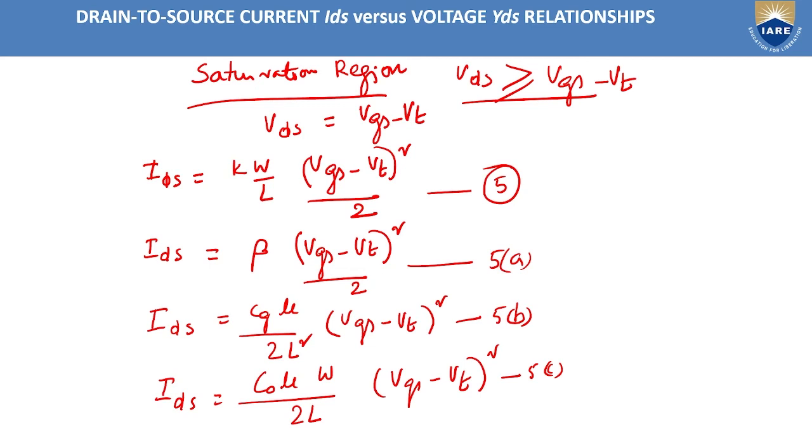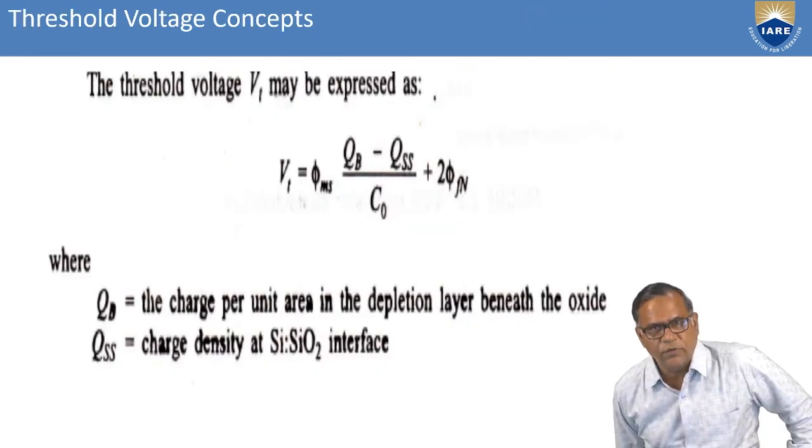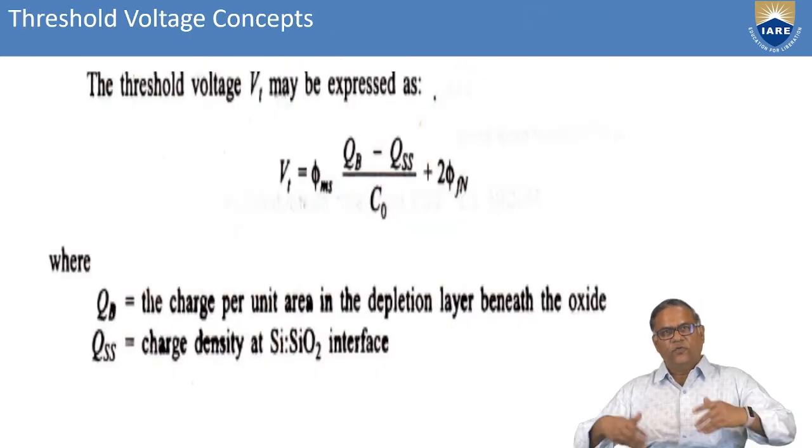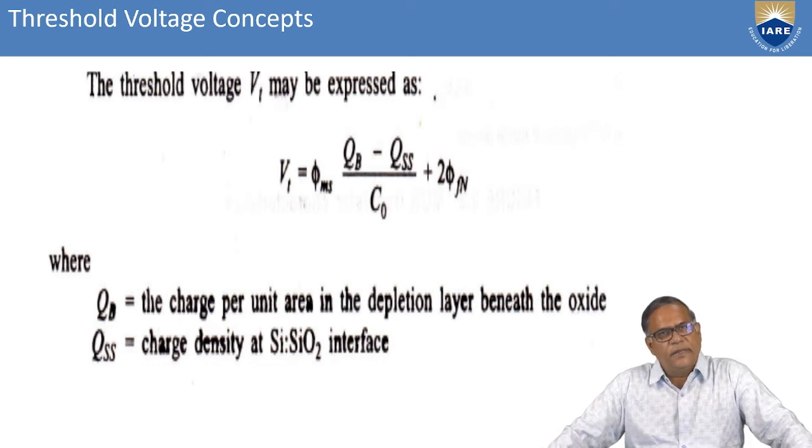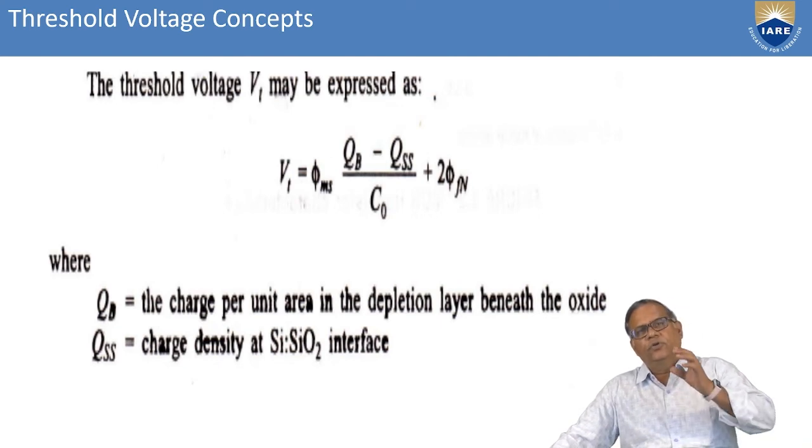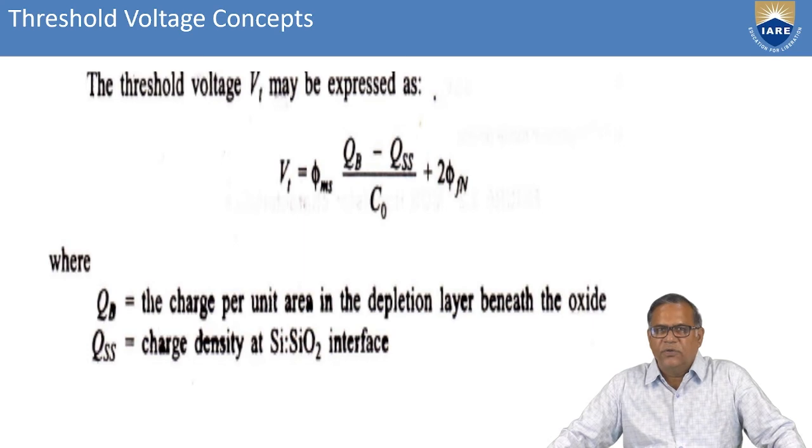Now let us discuss the threshold voltage concept and its dependence on the substrate bias. So what is the threshold voltage? Threshold voltage is the minimum voltage to form the channel in the case of enhancement MOSFET, and for depletion MOSFET it is the voltage which is required to nullify the channel or to remove the channel.